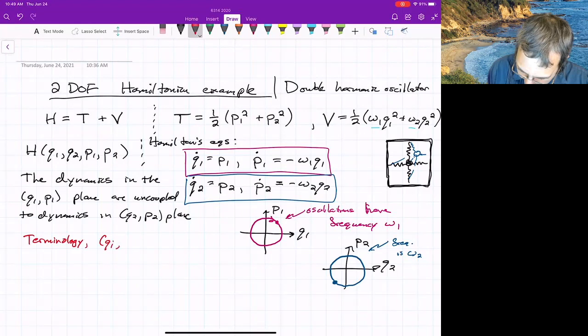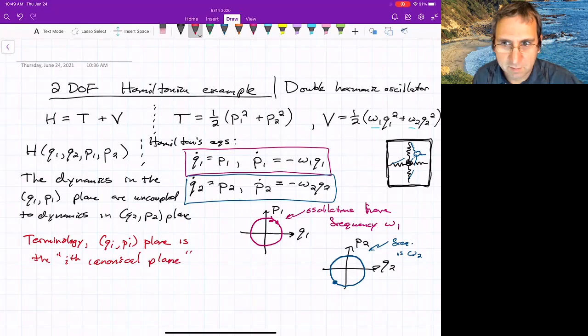So the Qi Pi plane. So there's this special grouping of variables, right?